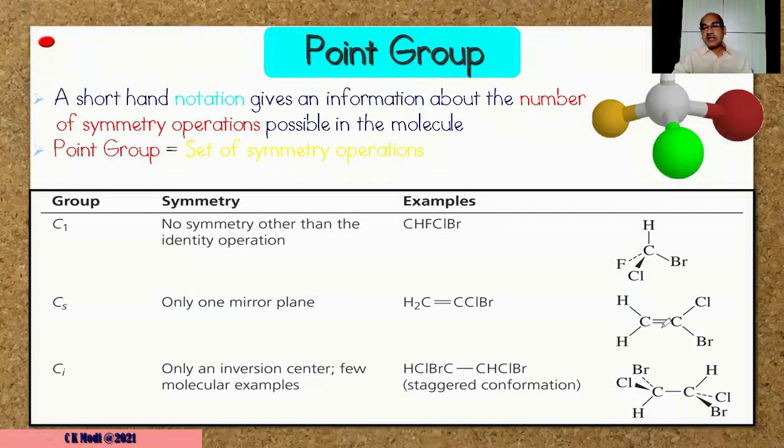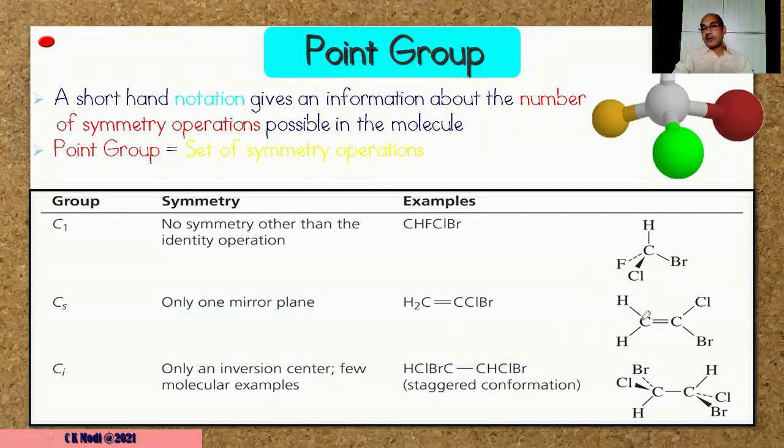Is there any mirror plane present? Yes, there is one mirror plane present. This is a planar molecule, and if we pass this plane in such a way that it divides the atoms into two parts, both parts are mirror images of each other. So this is called mirror plane sigma.